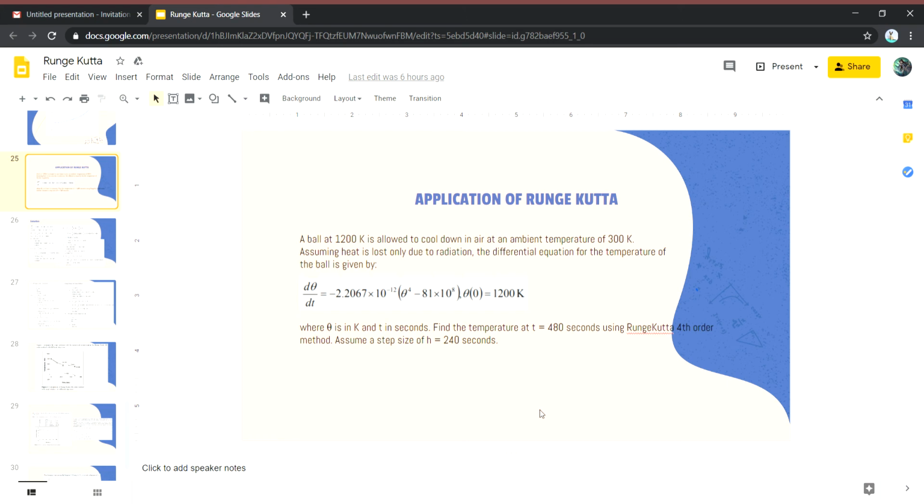Find the temperature at t equal to 480 seconds using Runge-Kutta first order method. Assume a step size of h equal to 240 seconds.